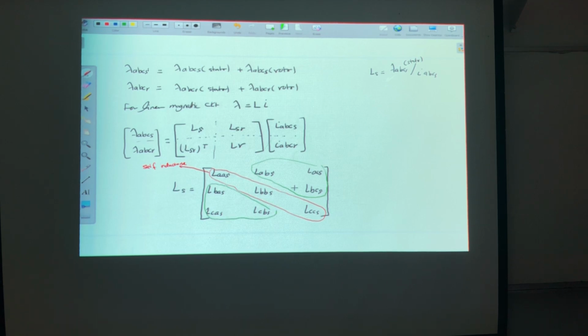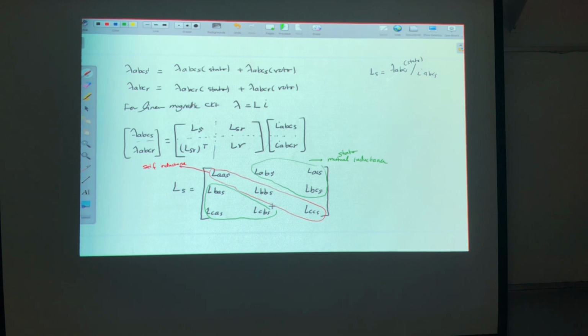Yeah? Those are the mutual inductance. Good. Which is the stator mutual inductance.